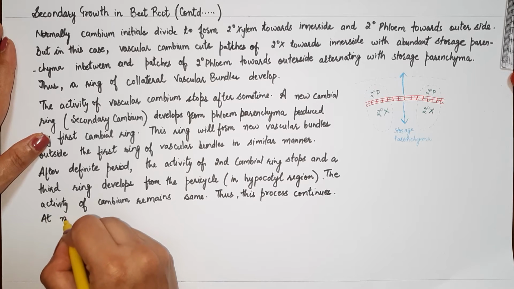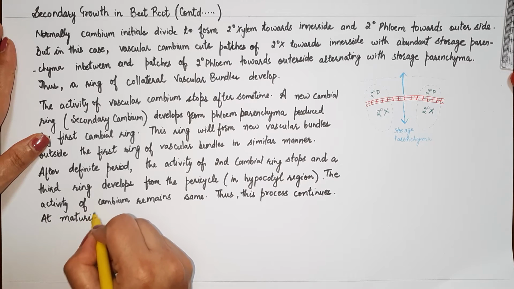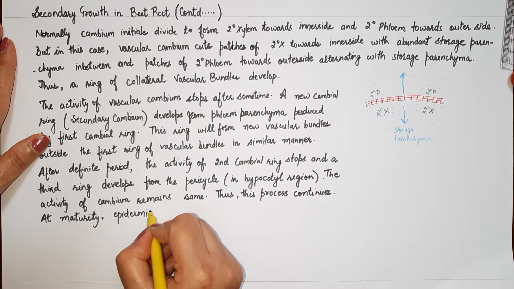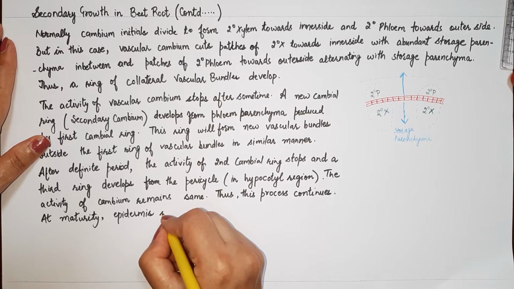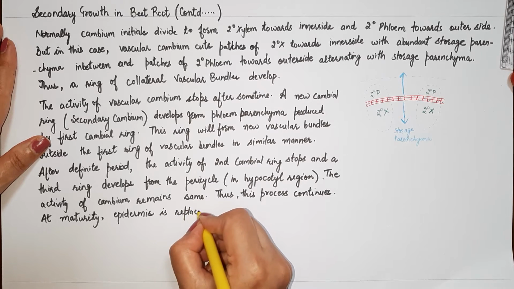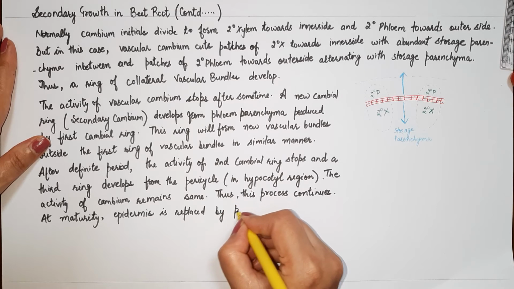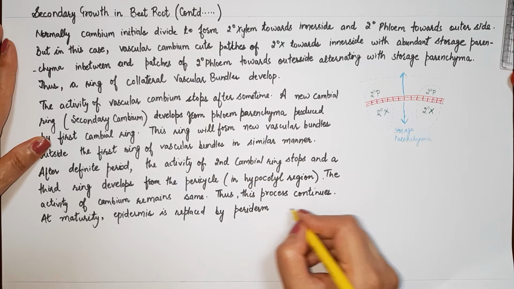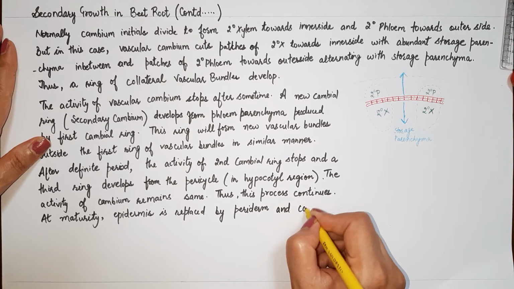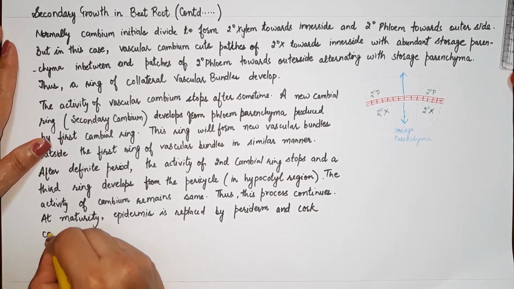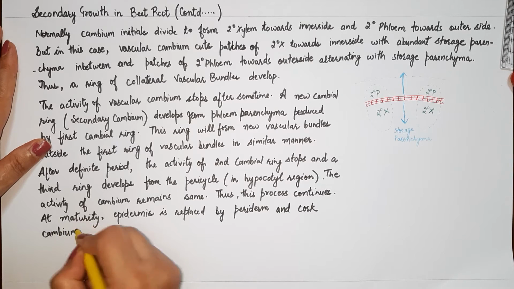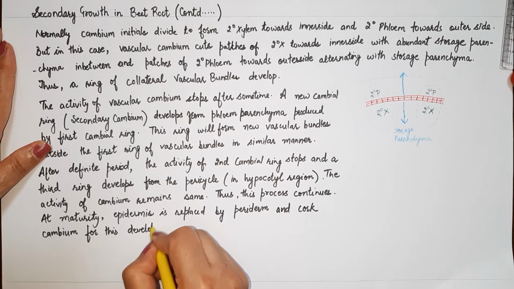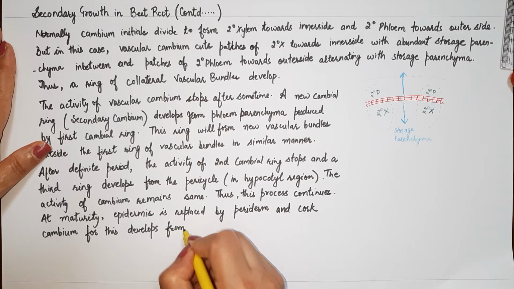At maturity, epidermis is replaced by periderm and cork cambium, for this develops from pericycle.